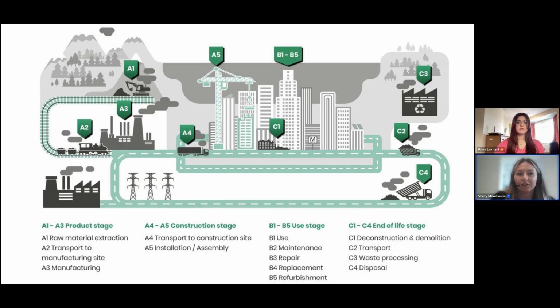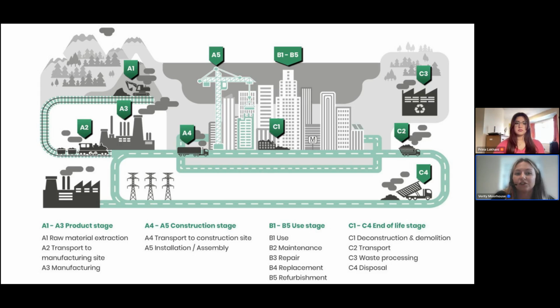In terms of what a life cycle assessment actually is, this diagram is quite a nice one for highlighting all of the different stages. It's a standardized methodology, broken down into life cycle stages, which are numbered as A1 to A3, which is your raw material extraction, transportation to a manufacturing site, and the actual manufacturing energy.